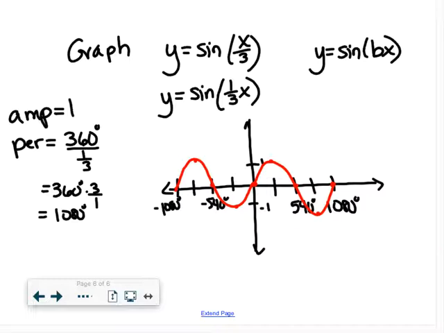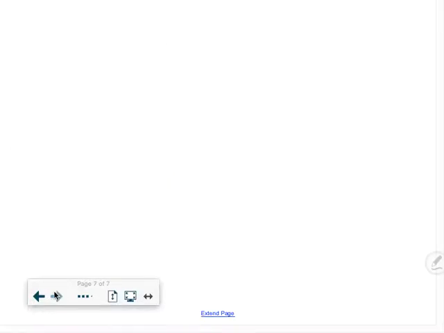All right, so I just did 4 of these where we did not change the amplitude. The amplitude was 1 every time. And all we did was adjust the period length, which modified our x-axis. So now, let's put it together.